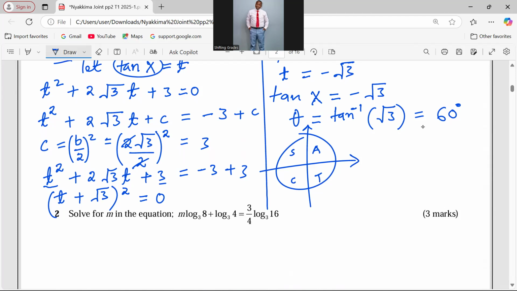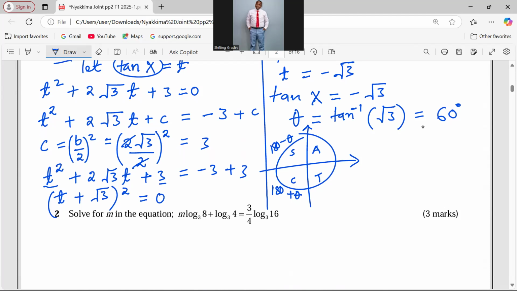Now, we need 60 degrees in the quadrants where tangents are negative, and that is the second quadrant and the third quadrant. So how do we get an equivalent angle in the second quadrant? 180 minus theta. In the third quadrant, 180 plus theta.